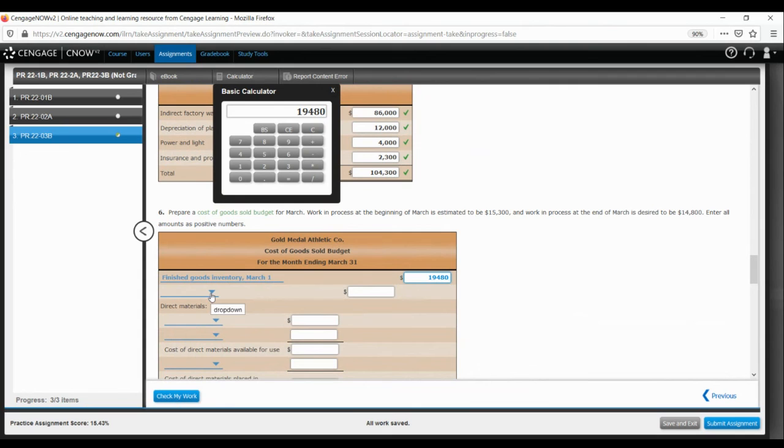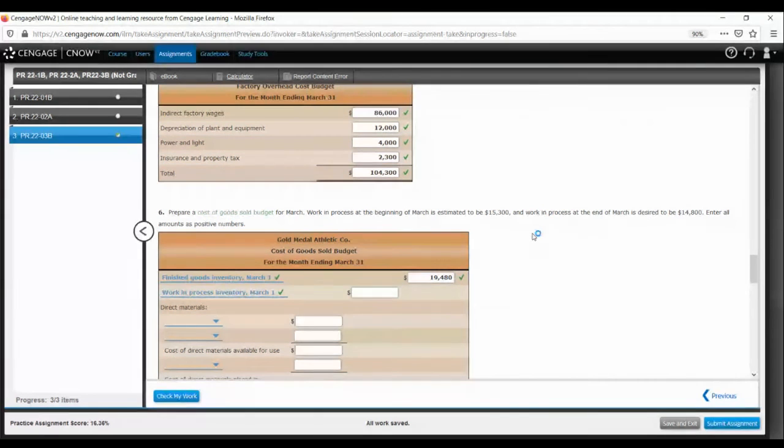On the next line, we're going to look for our beginning work in process inventory. The beginning work in process inventory amount is given. It comes from Part 6.